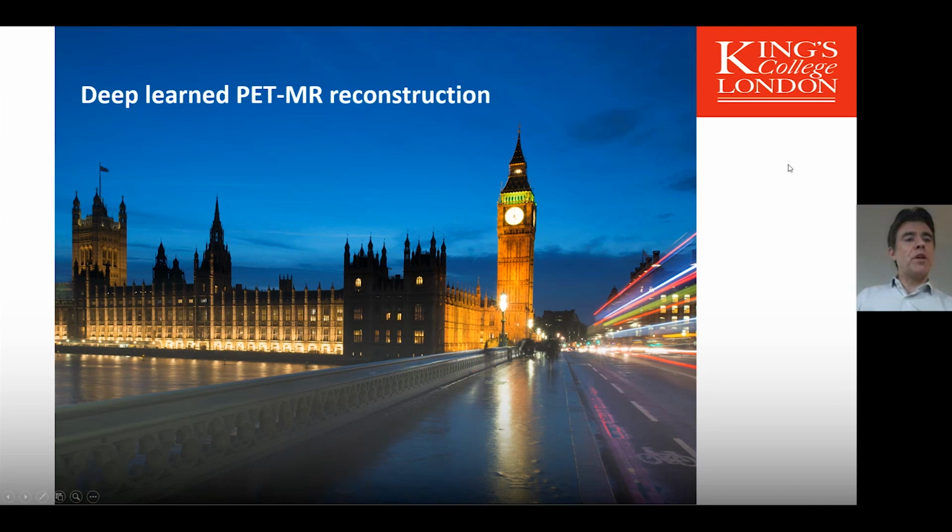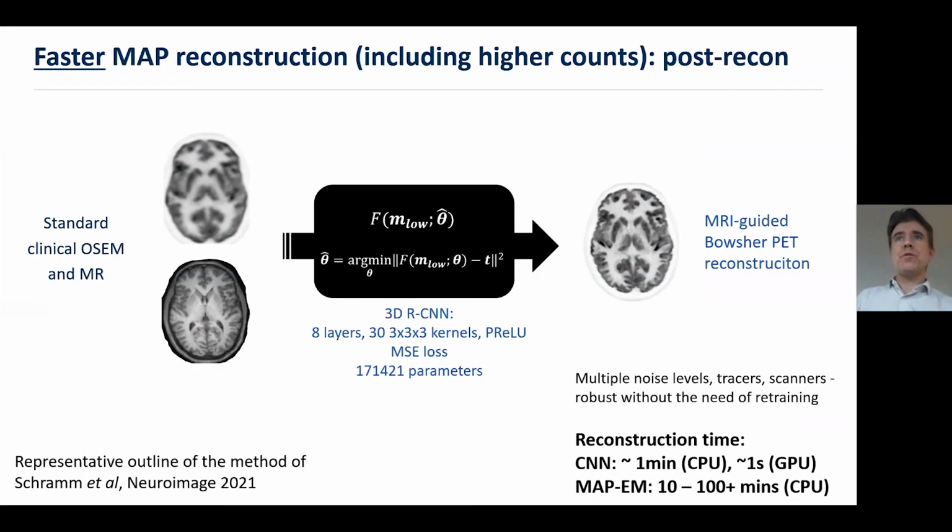Okay, I've got about 10 minutes or so to cover deep learning based methods now for PET-MR reconstruction. First of all, this is just reiterating what you saw from an earlier presentation, and I talked about it in my question actually. This is work from Georg Schramm, published in NeuroImage 2021.